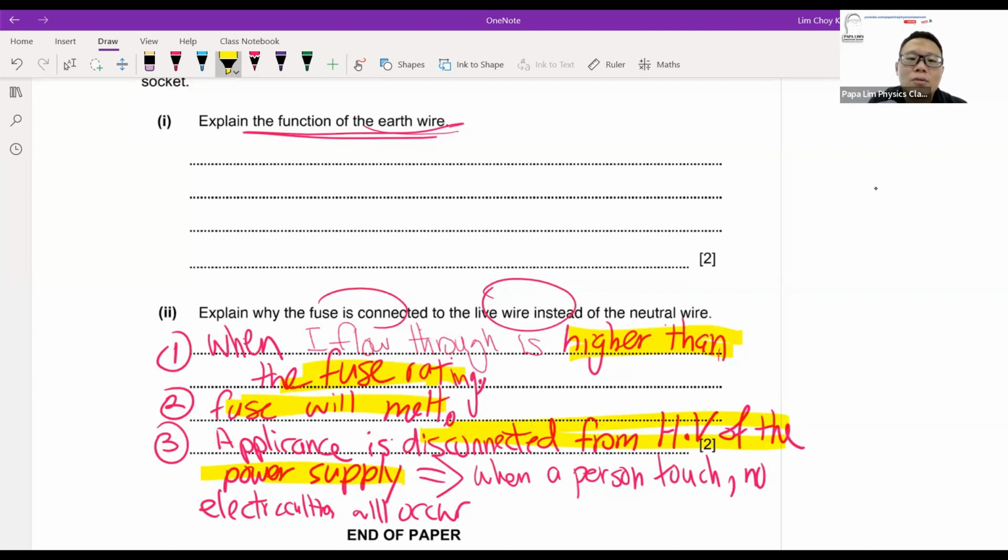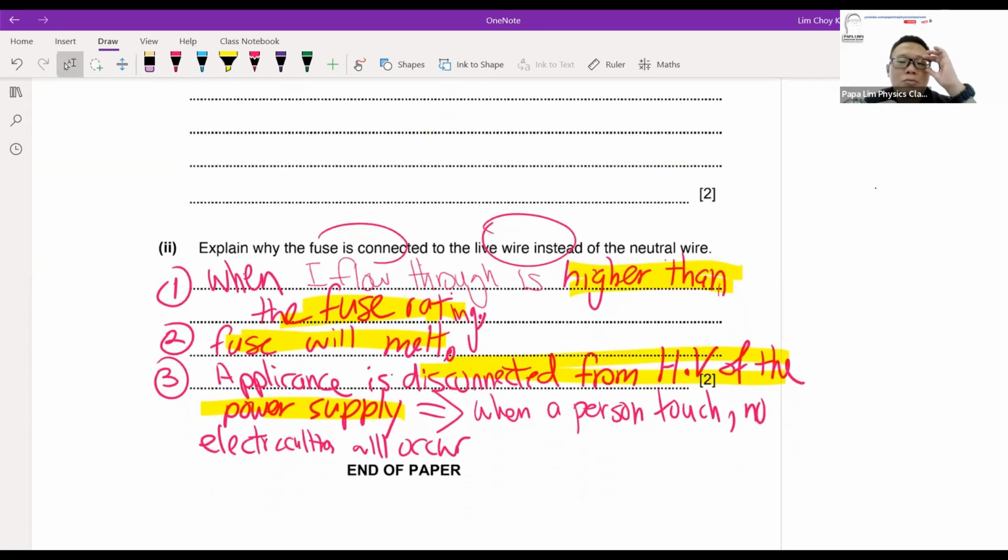That's one of the reasons why the fuse is always connected to the live wire instead of the neutral wire. If I connect it to neutral, even with the fuse blown, the object is still connected to high voltage, and the current will still flow through from the high voltage. So this is one of the things that we always tell students, that the fuse and switch have to be connected to the live wire.